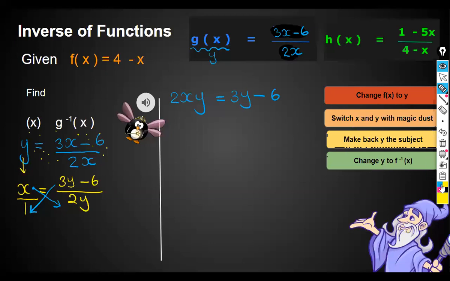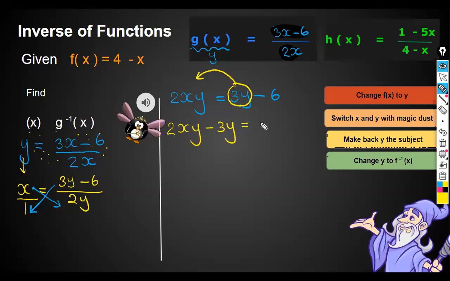Next, we have to make y the subject. But like I said, we have two sets of y, so let's put all the y's on one side. Once you have a y attached, we throw it on the left-hand side. So on this side we end up with 2xy minus 3y.